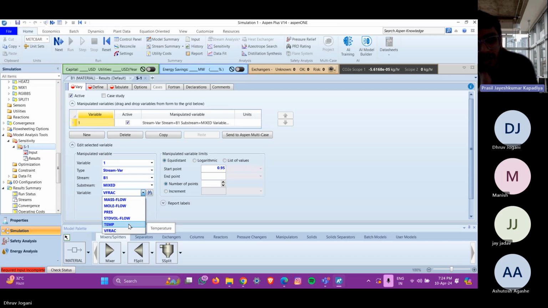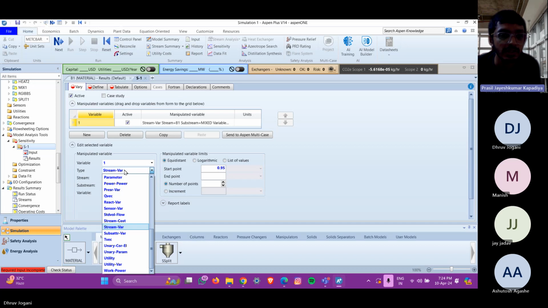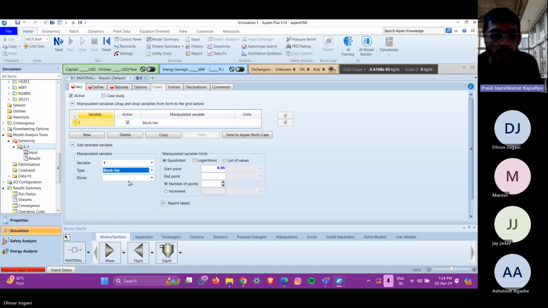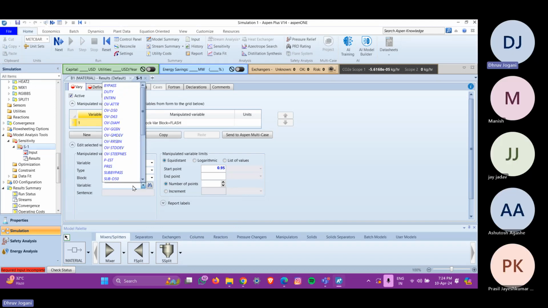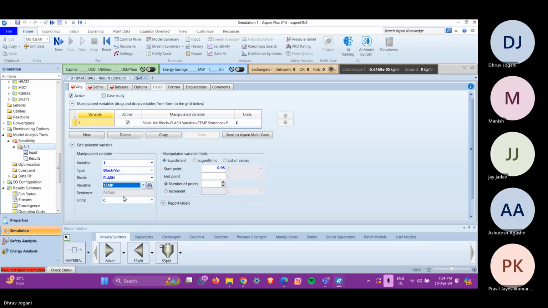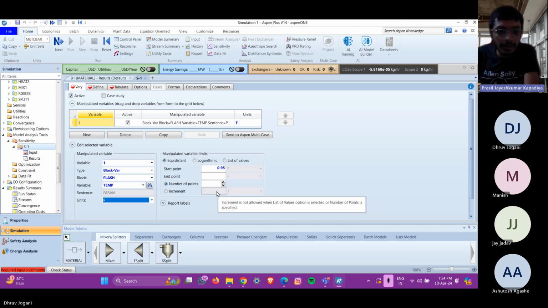Wait. You are doing sensitivity, right? Yes, sir. So first you need your block variable. You are varying either temperature or pressure, so first you need to vary. See, your tab is vary. Flash block, variable, temp. What do you want to play with? Temperature.